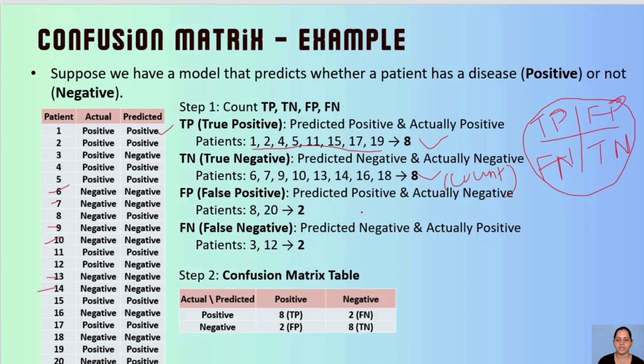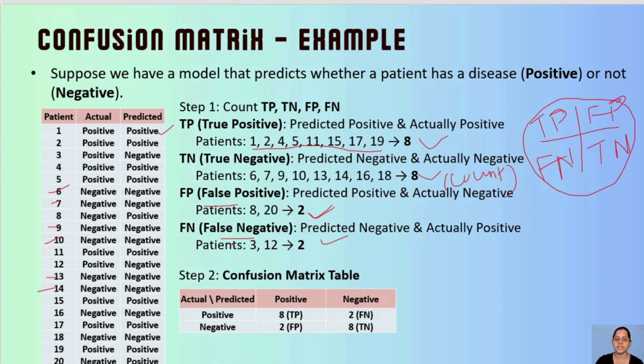That's what we understood, right? It should be negative, but it has predicted positive. So how many counts are there like that? We have 2 counts. These are the errors, guys. Just remember this: false positive and false negative are your type 1 and type 2 errors. So here I have 2 errors present in both.